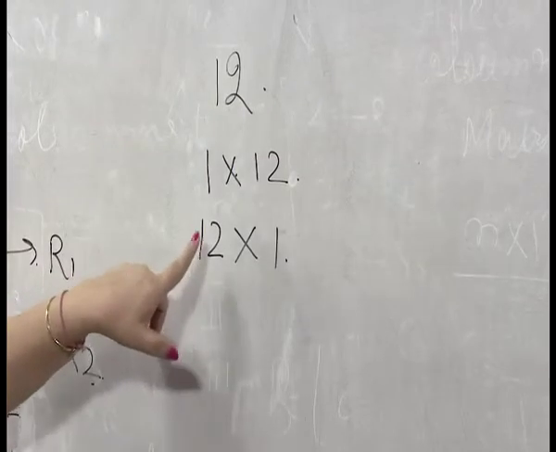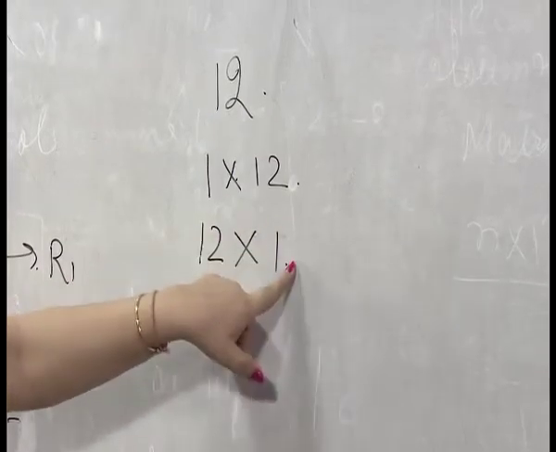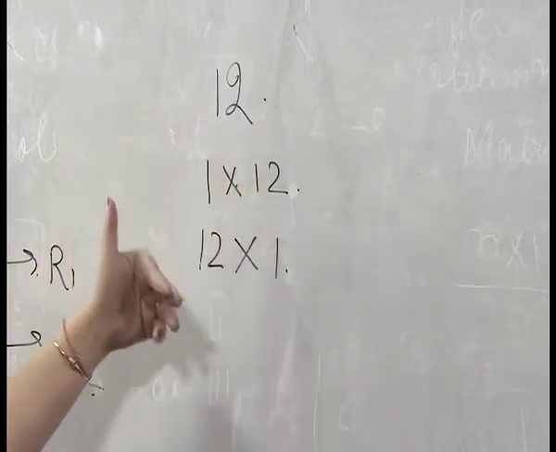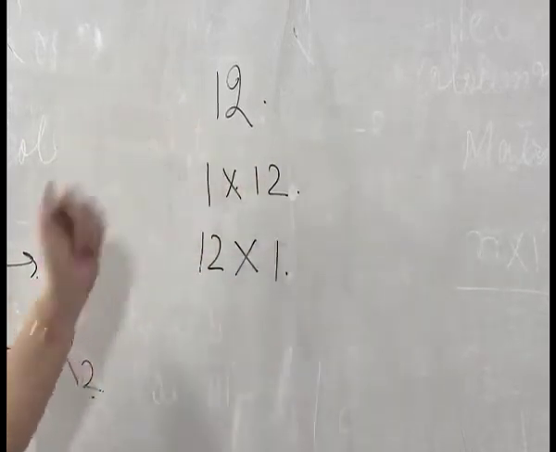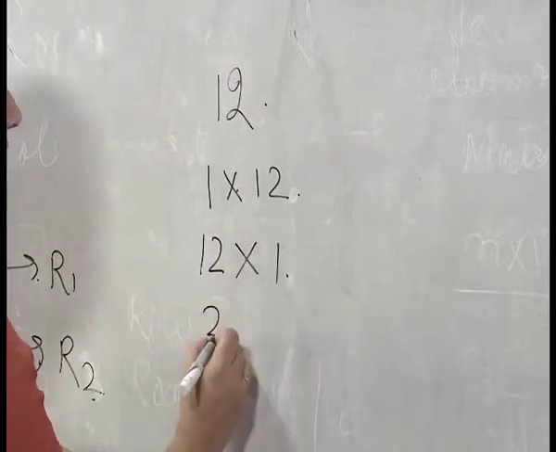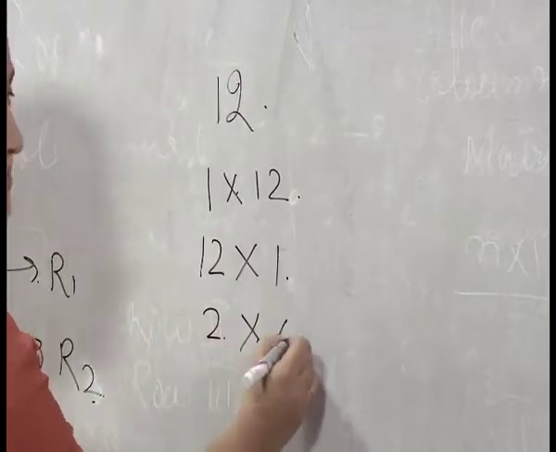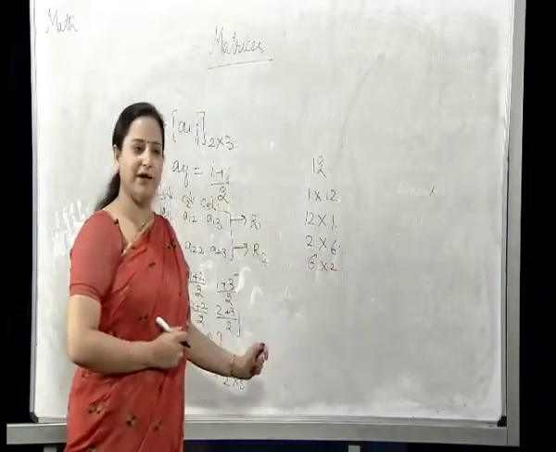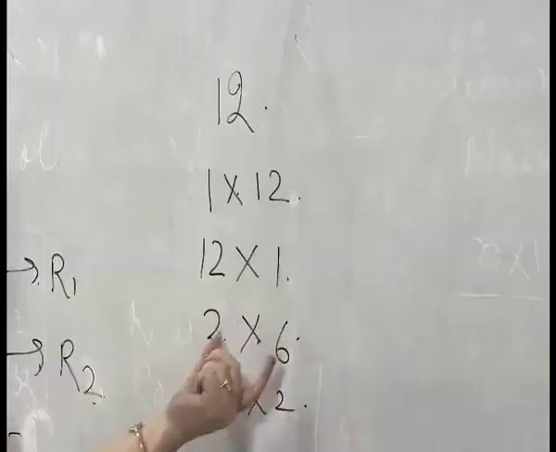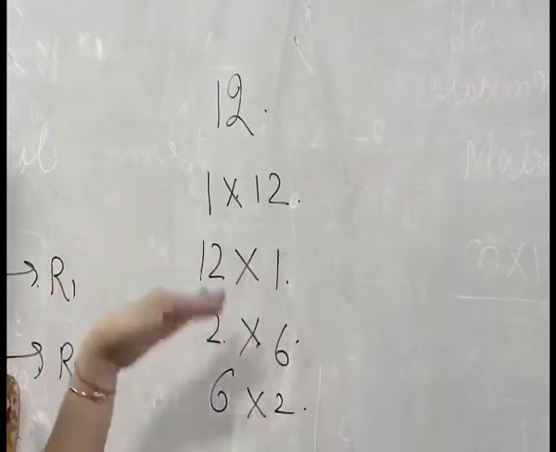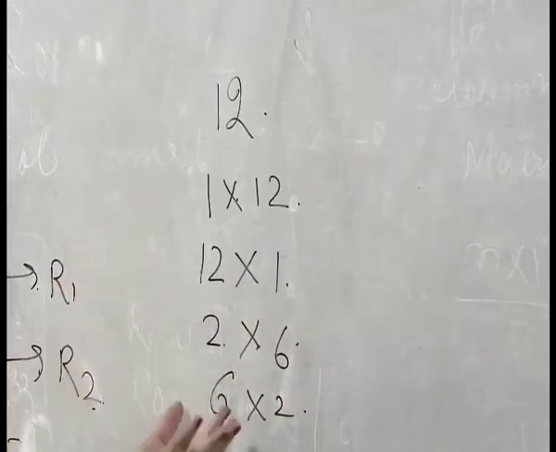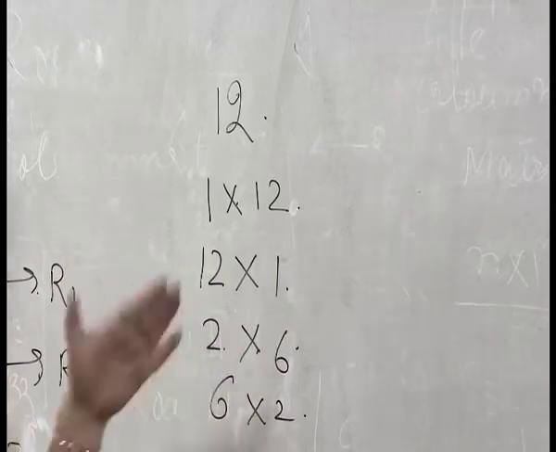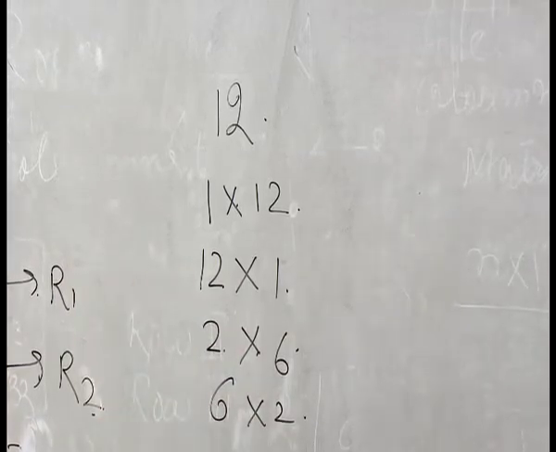Another one, 12 rows, 1 column, column matrix. Now 12 can also be written as 2 into 6 or 6 into 2. That means the matrix which is having the order 2 by 6 will also have 12 elements. The matrix which is having order 6 by 2 will also have 12 elements.